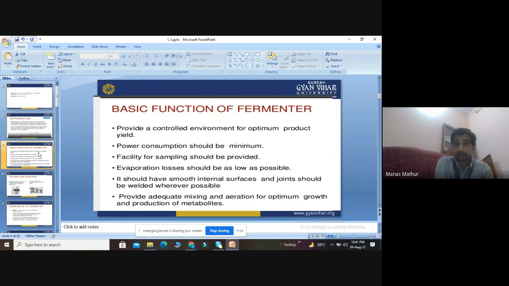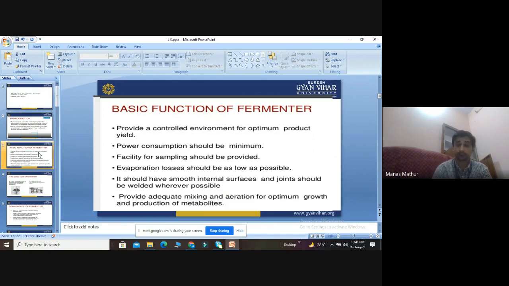It provides adequate mixing and proper aeration for optimum growth of microbes. When the microbes get proper nutrition, they produce certain metabolites, and those metabolites help convert the low-value substrate into a higher-value product.